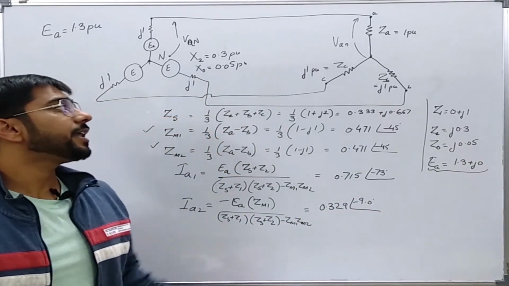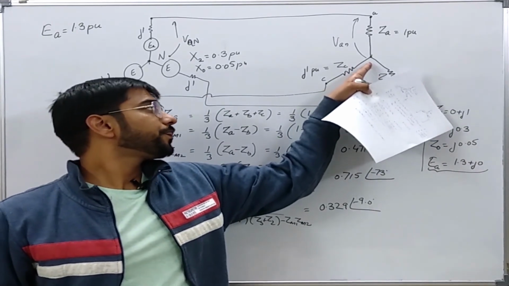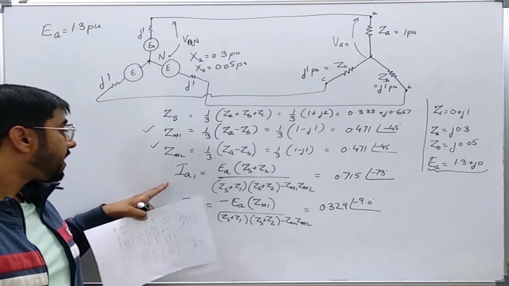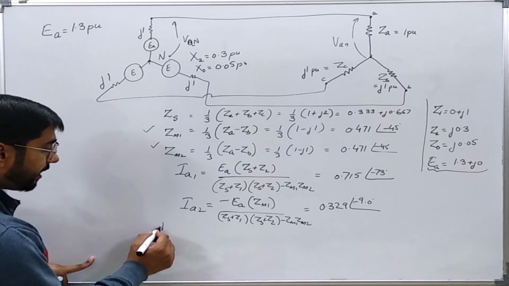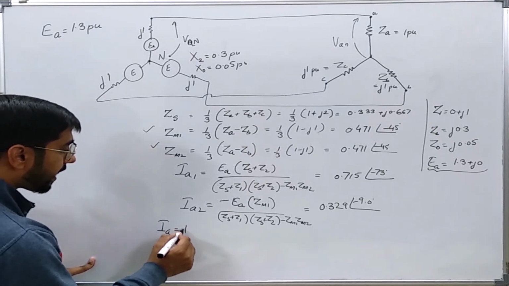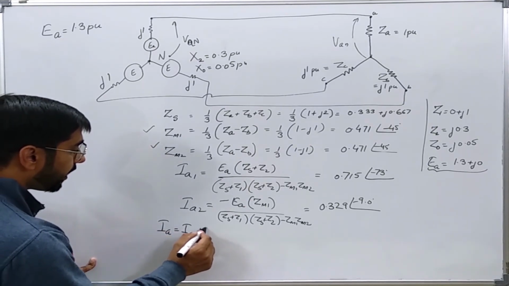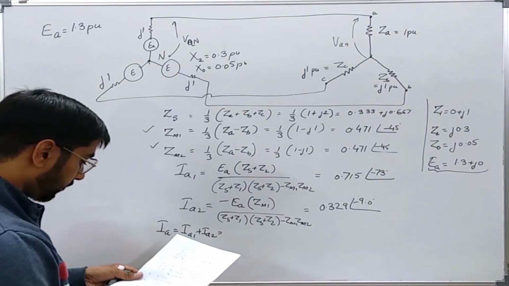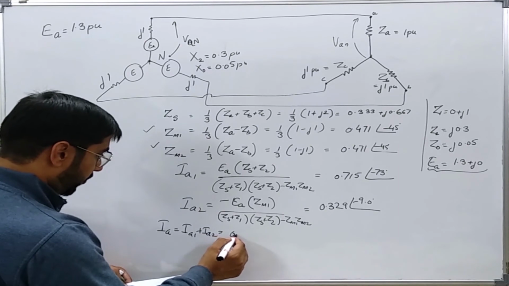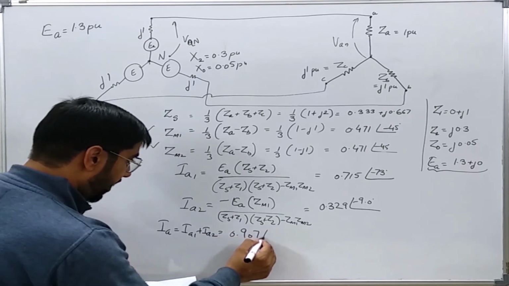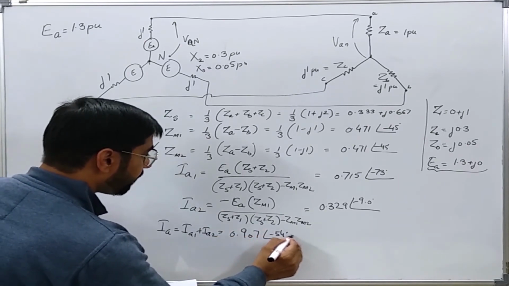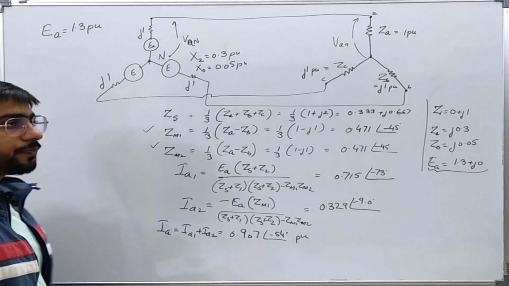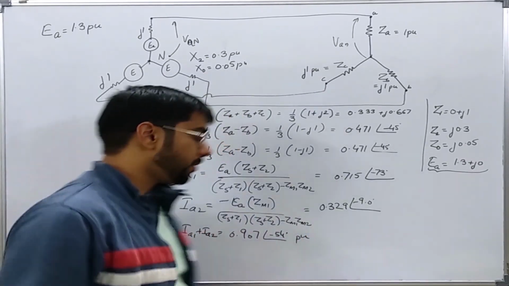Now you see that there is no neutral connection. So IA, the current in line A, is equal to IA1 plus IA2 only, and it comes out to be 0.907 angle minus 54 degrees per unit. Now similarly we can find IB also.